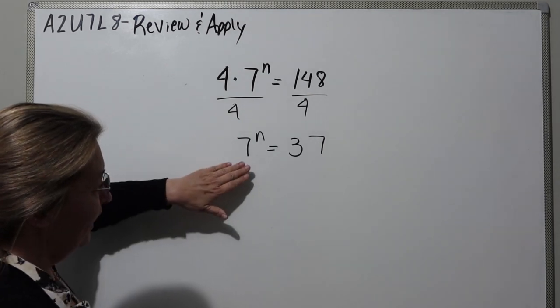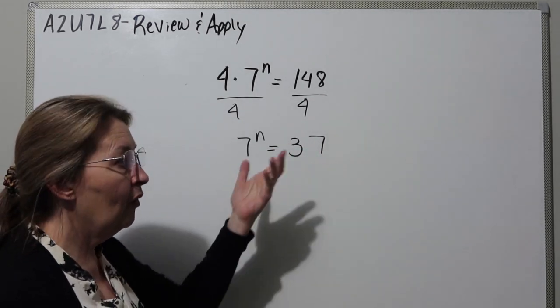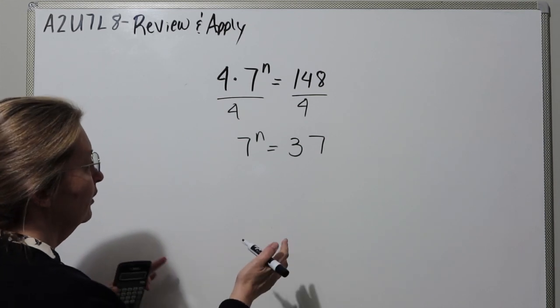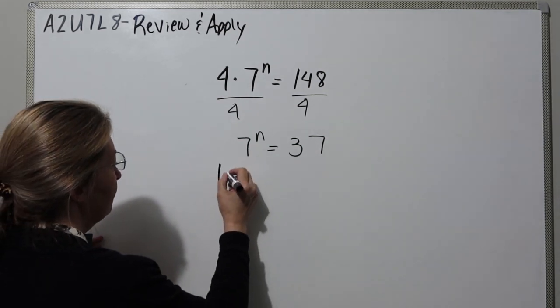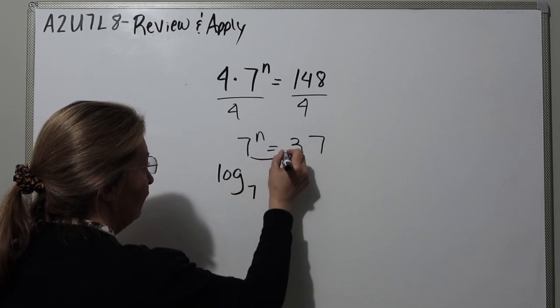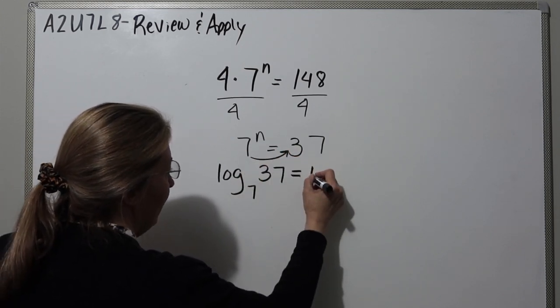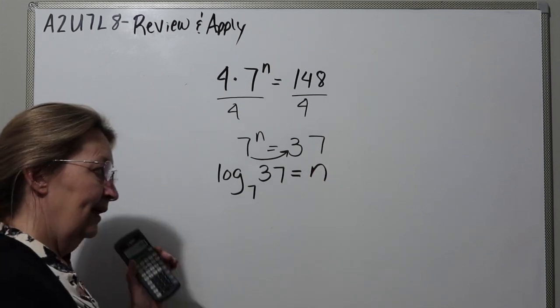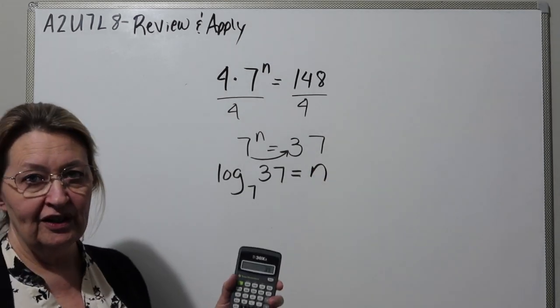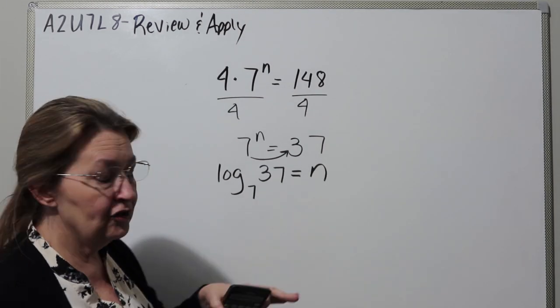Alright, now I have an exponential equal to a number, so you can either do log to log, or we can do the log conversion. I'm going to do log base 7, swing over here, that makes my argument equals my exponent, okay? And once again, if you have a good calculator that does all bases, you can punch that in and get your n.